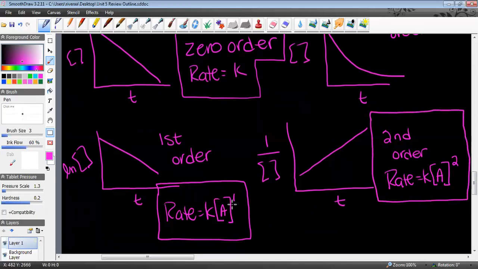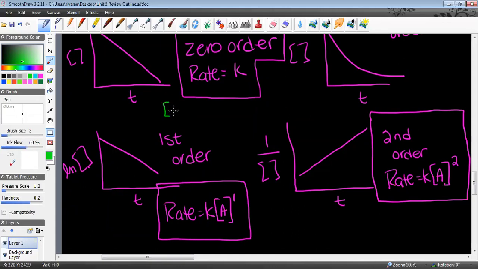If we were to integrate these things, which is just calculus, you get an equation that allows you to look at how rates and concentrations change over time. I'll just write these in a different color. The integrated rate law for zero order looks like this.